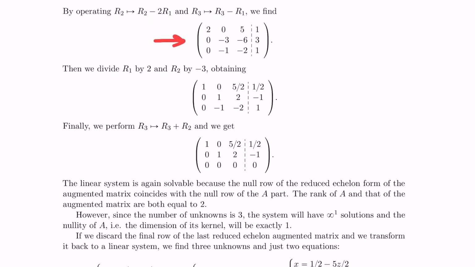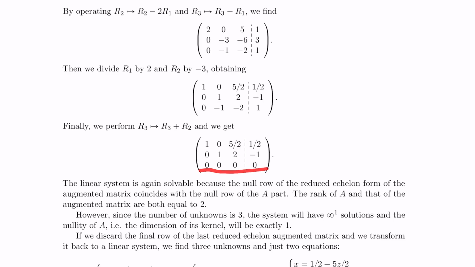We obtain this matrix, and if we divide the first row by 2 and the second row by -3, we obtain this other matrix. As you see, we have 1 and -1 in these positions, so if we perform the E1 transformation R3 goes to R3 + R2, we obtain the echelon reduced matrix.